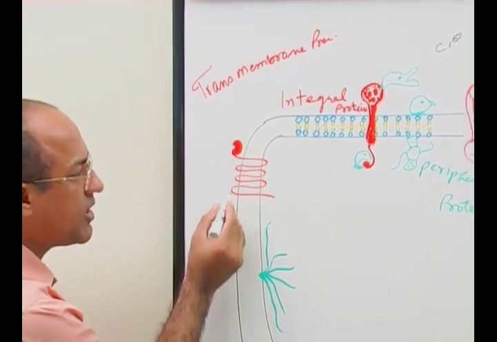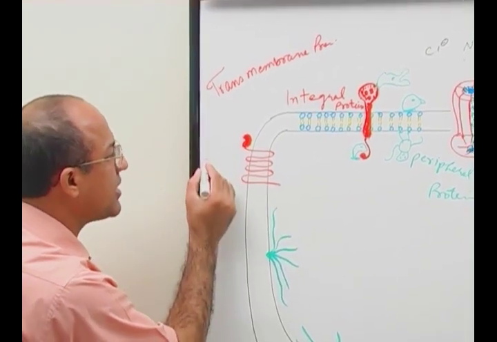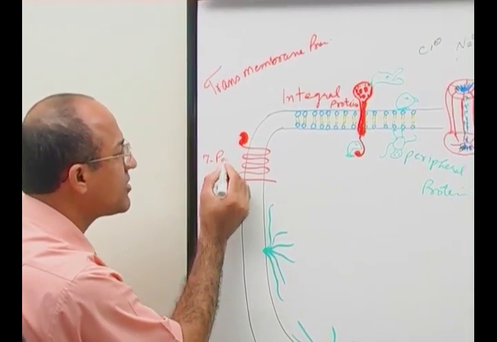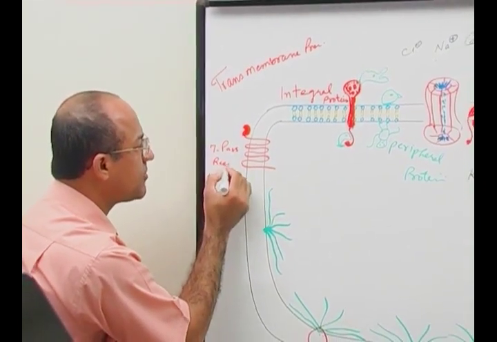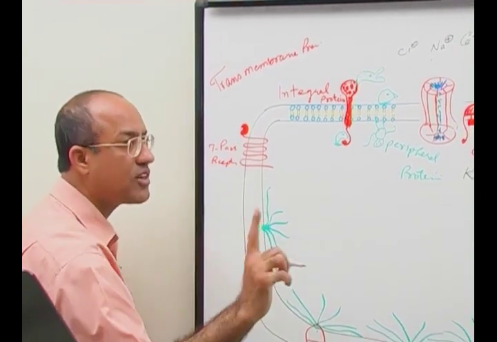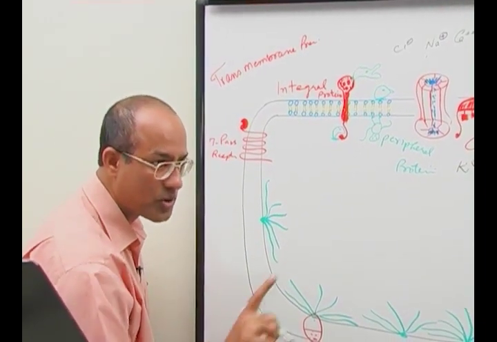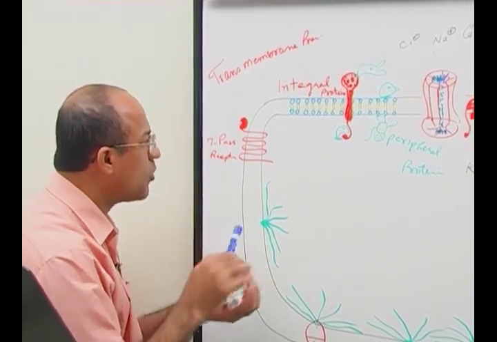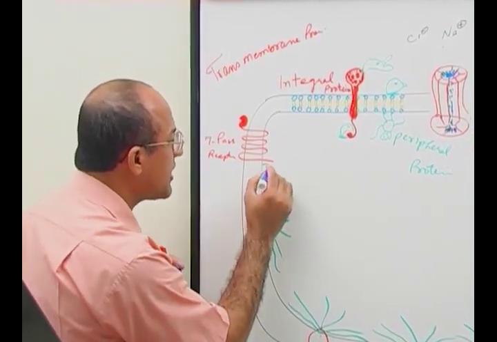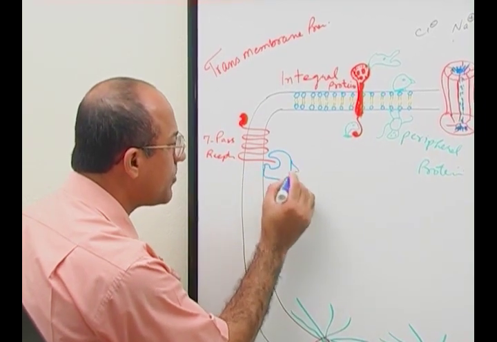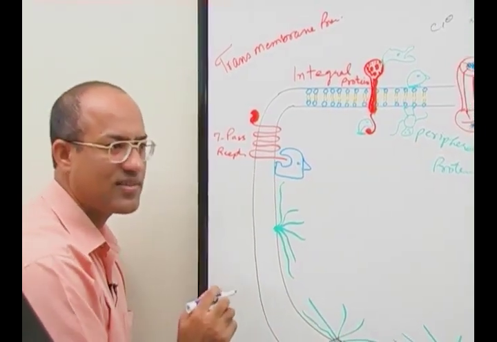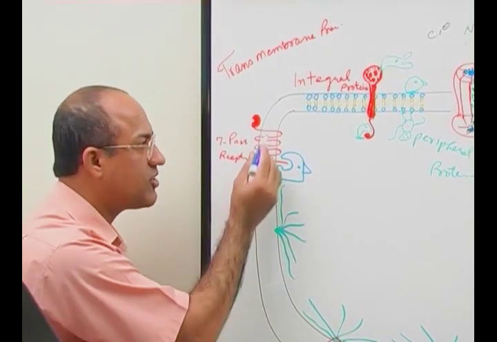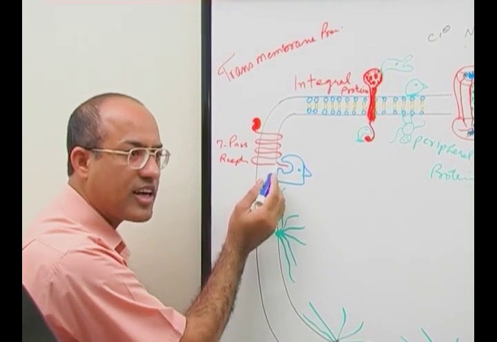Such receptors whose peptide chain passes 7 times are called 7-pass receptors. Now a 7-pass receptor is an integral protein. You are understanding that? But it may be associated with some other proteins attached to it inside.